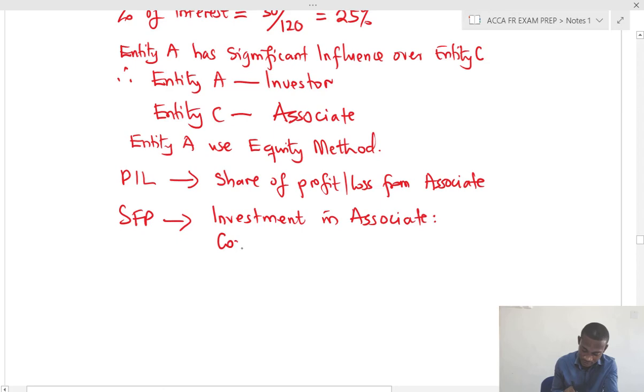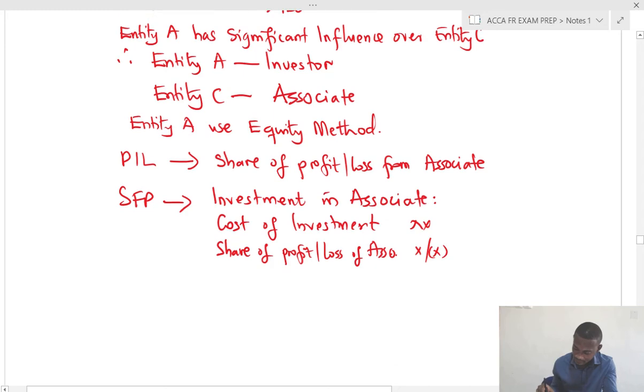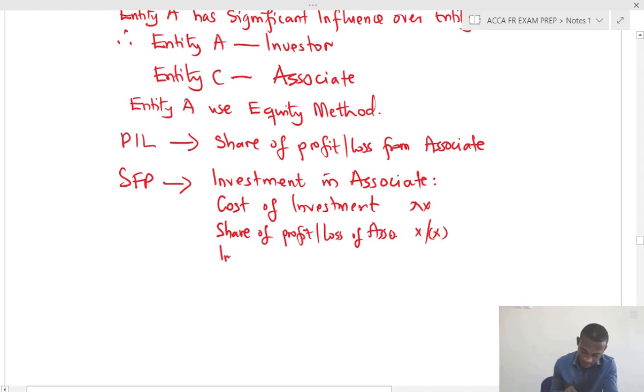So we start with the cost of investment, how much entity A paid for the shares, add or less share of profit or loss of associate. If there is any impairment on the investment in the associate, the impairment loss will be deducted from the investment in associate.